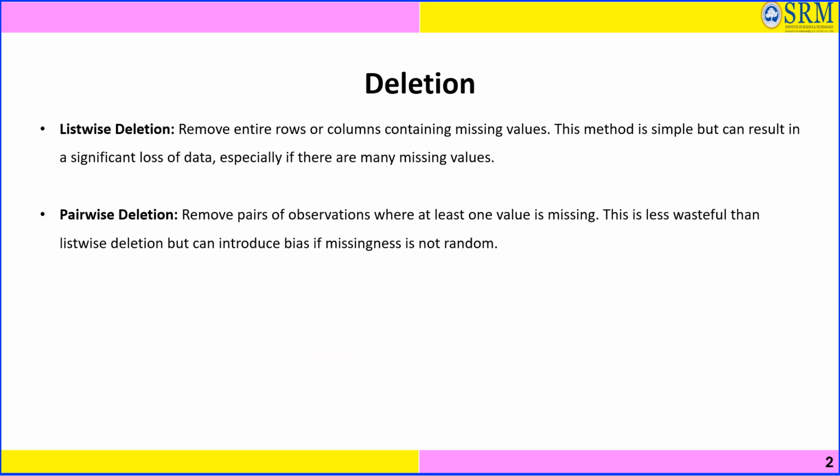So let's see what is deletion. In deletion, we have two techniques: either list-wise deletion or pair-wise deletion. So let's say A, B, C, D. They did not answer this, they did not answer this, and then this one answered only one. And then this guy answered everything.